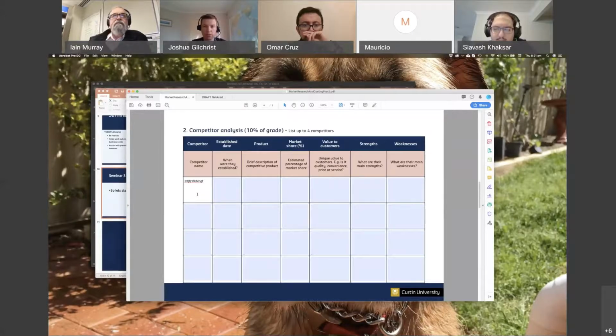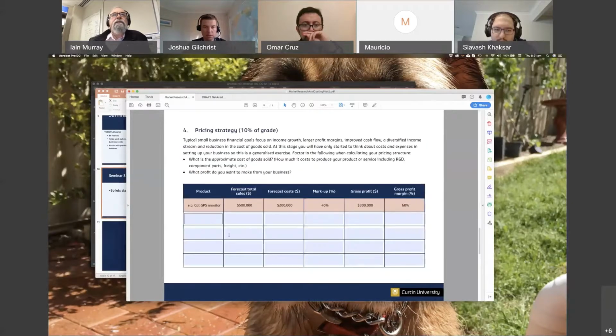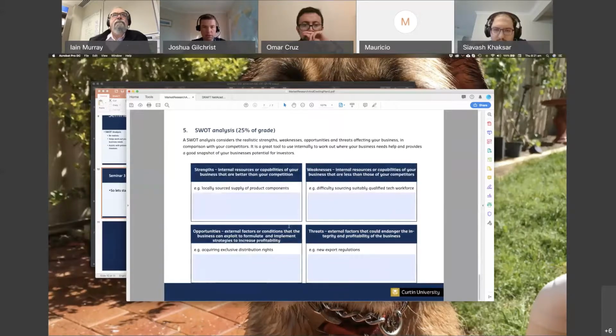That's the easiest way. If you want to change it or you want to produce your own, go ahead. But we've given this one to make life as simple as possible. And there's a couple of examples put in as well. And there's a better view of our SWOT. Does that answer your question?